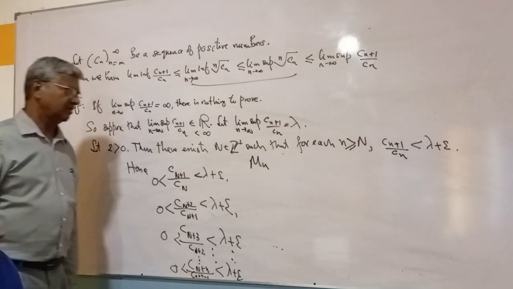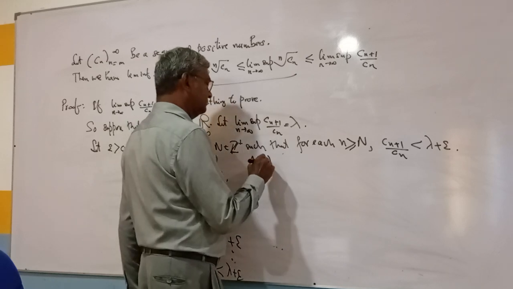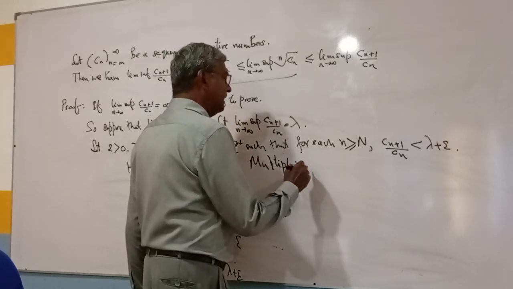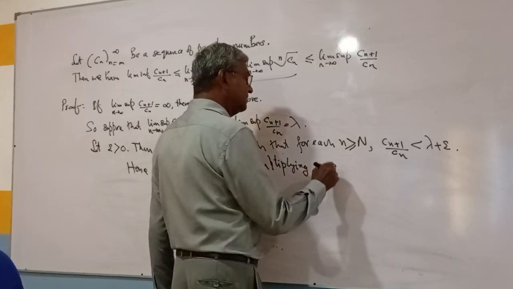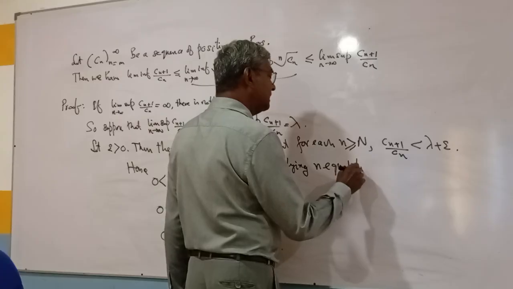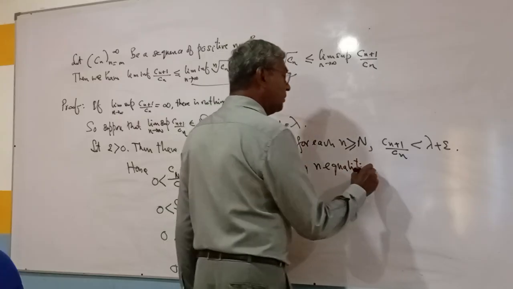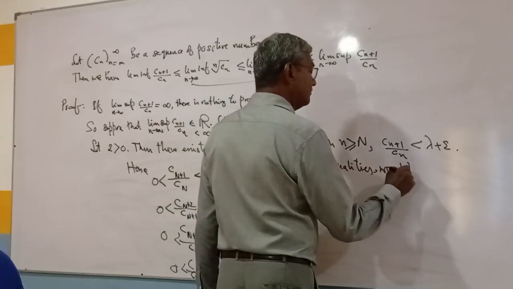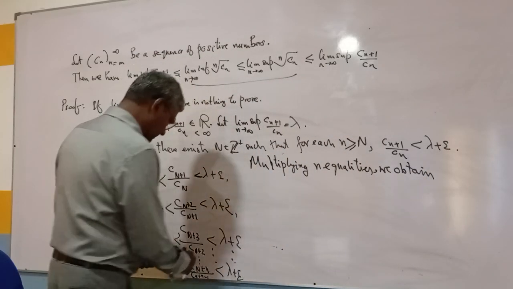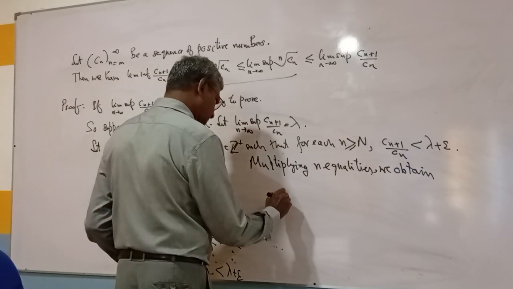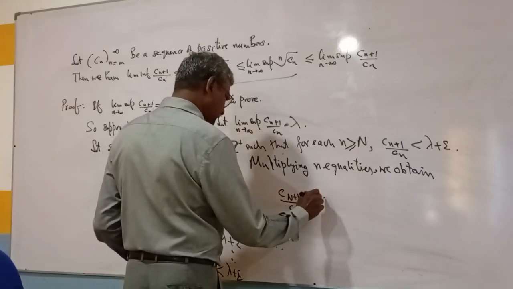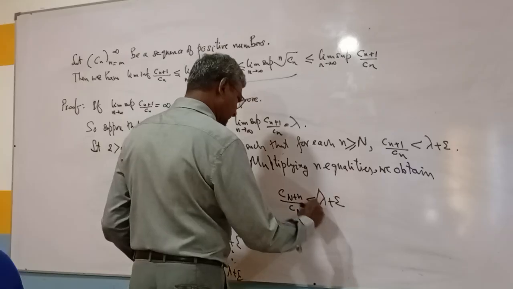Multiplying the n inequalities, we obtain c_{N+n} on the top and c_N on the bottom, less than (lambda plus epsilon) raised to the power n.